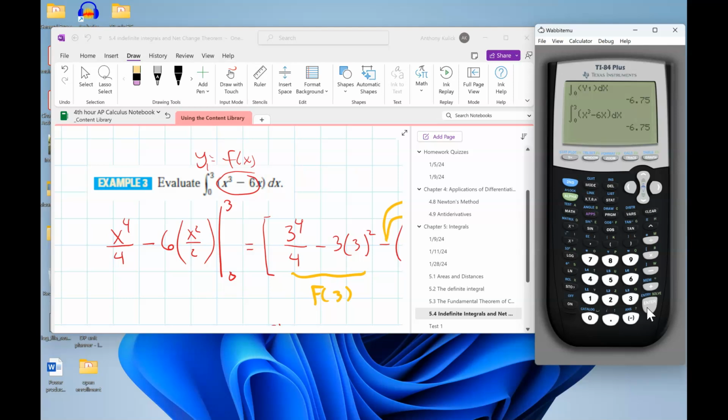And in fact, on the AP exam, you will probably run into multiple questions where it is impossible to do a definite integral by hand, where they expect you to just type the stuff into your calculator and get the number. It happens quite frequently in the free response questions.